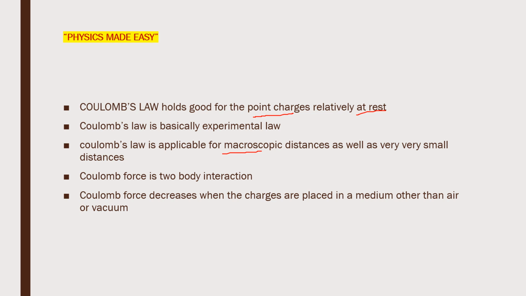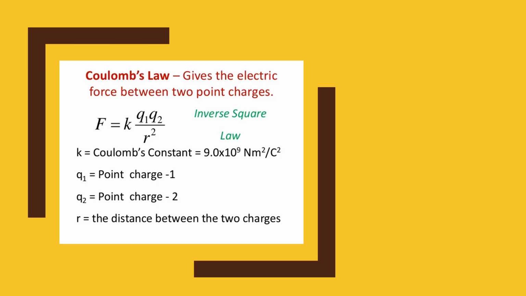Coulomb's force is a two-body interaction, like it acts between two charges. Coulomb force decreases when the charges are placed in a medium other than air or vacuum. So Coulomb's law gives the electric force between two point charges, and this law follows the inverse square rule.